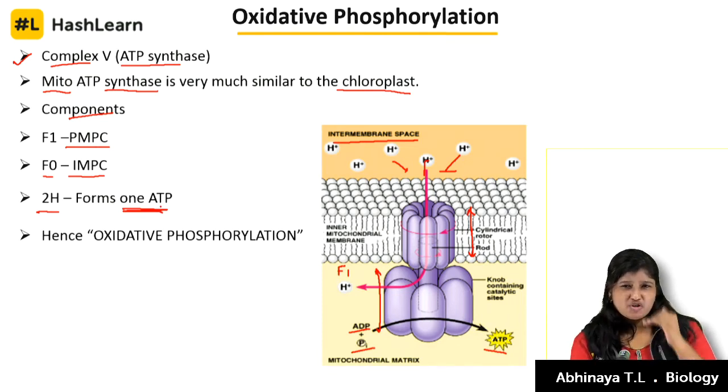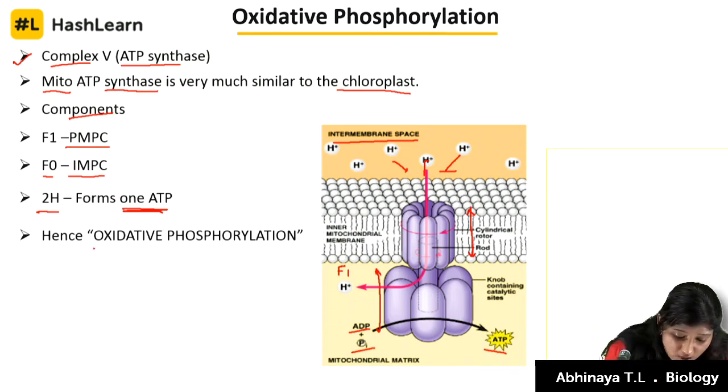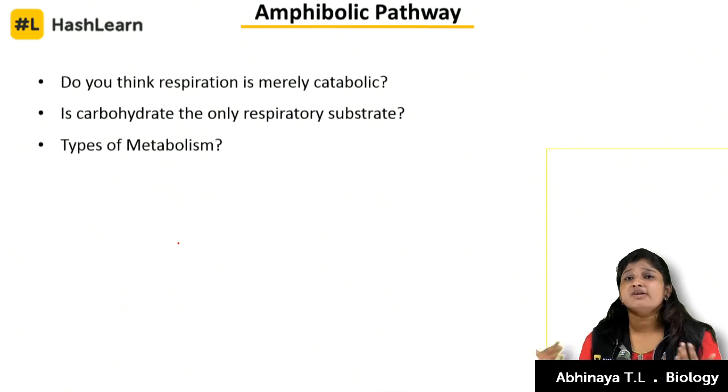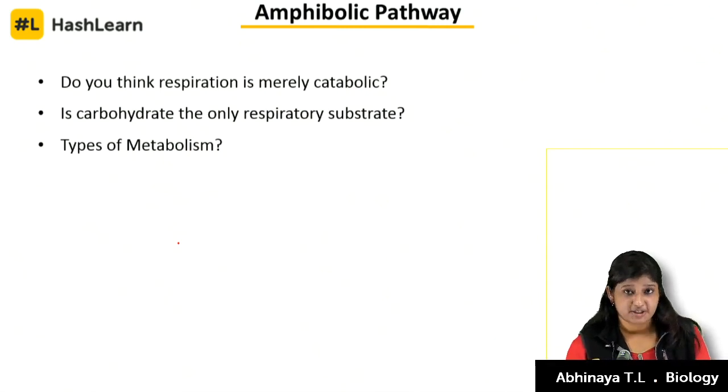Now let's give justice to this name, oxidative phosphorylation. Why oxidative? Because on oxidation of reduced coenzymes, let's make it FADH2 and NADH plus. Oxidation is oxidation of macromolecules to release energy.